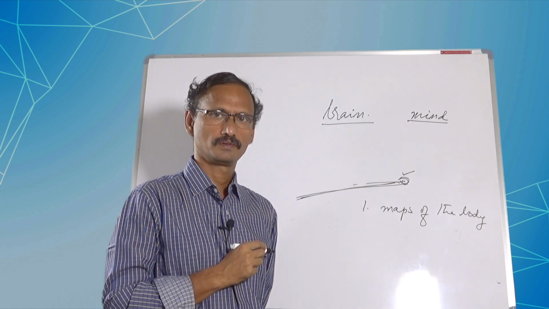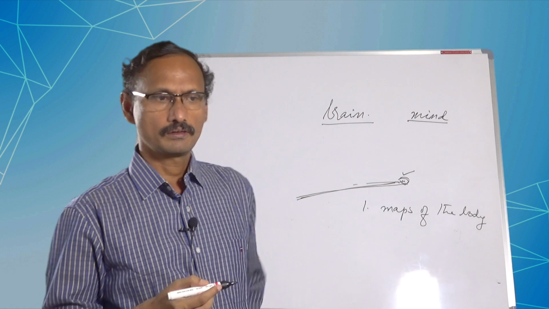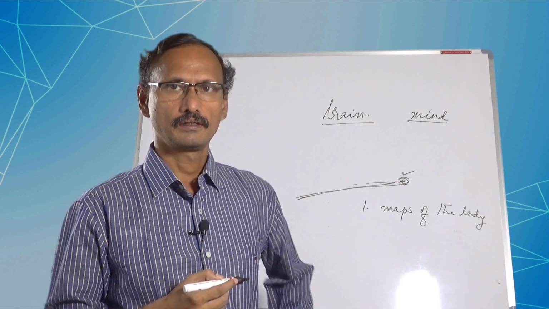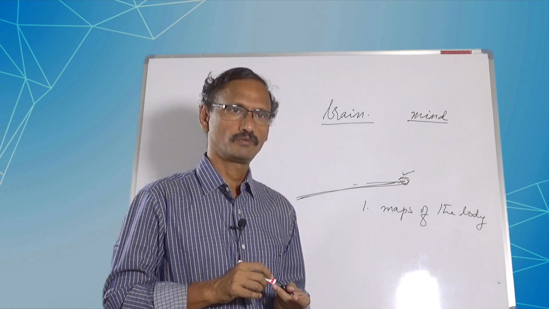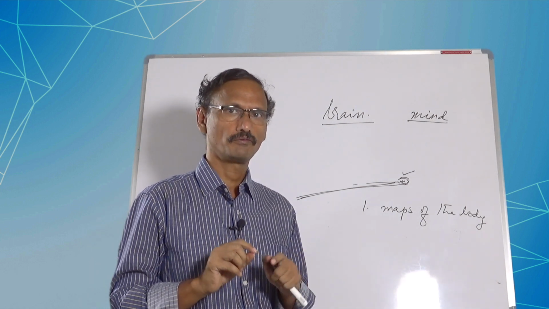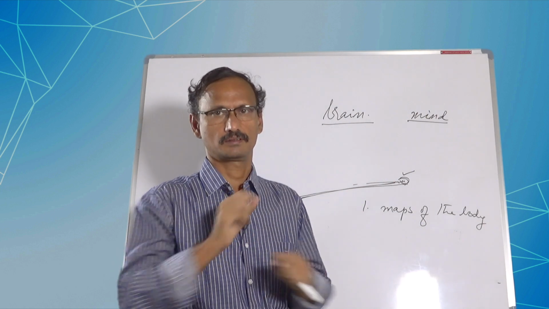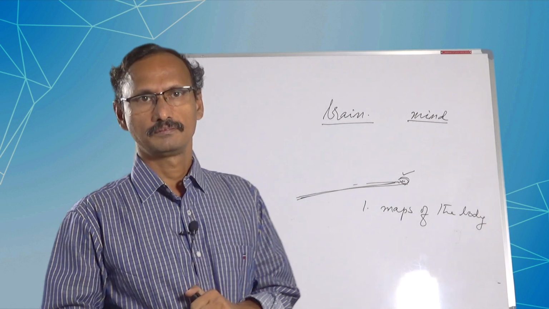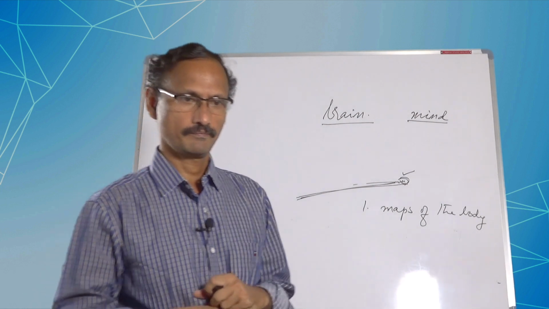Okay. Like when you are driving in a vehicle, you have a GPS system. From GPS you know where various places in the city are. GPS is mapping of the locations.